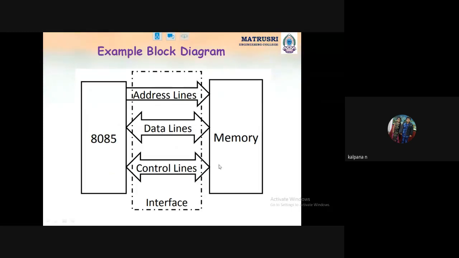Now, in order to interface this memory to the 8085, what pins do we need to connect? Processor means an IC, right? An IC consists of a number of pins. How many pins does the 8085 have?